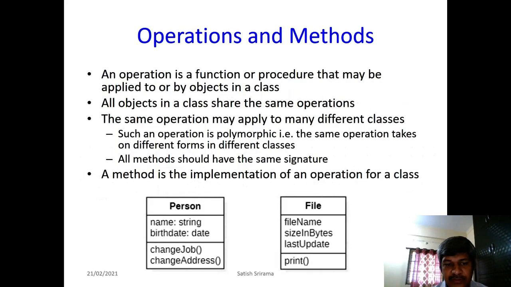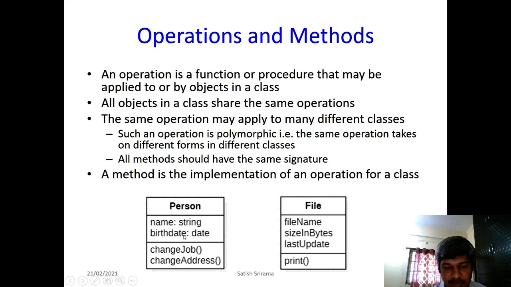Along with the attributes and values, the classes will also have operations and methods. We have quickly discussed those things in the last videos, but let us go deeper into those concepts. An operation is a function or procedure that may be applied to or by the objects in a class. So this person class will have certain operations.